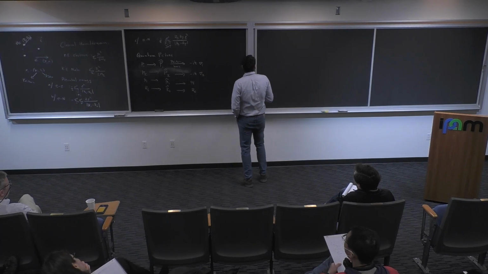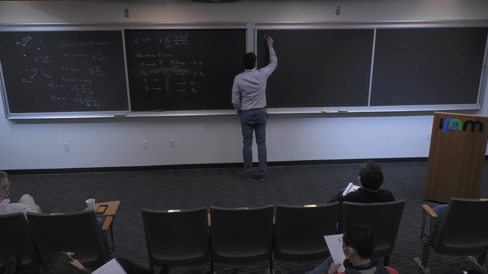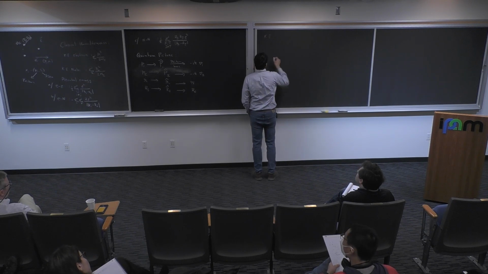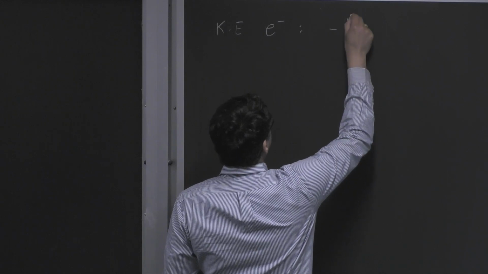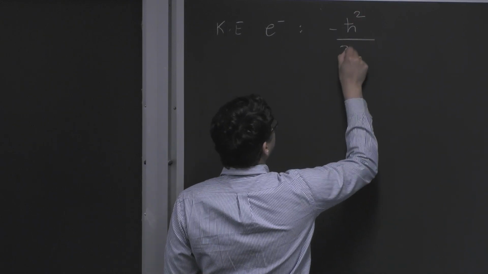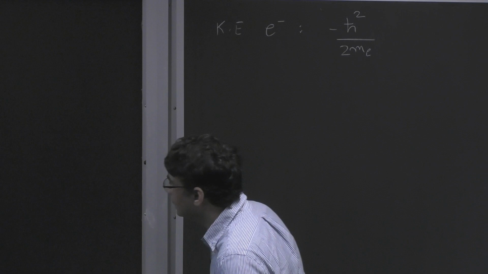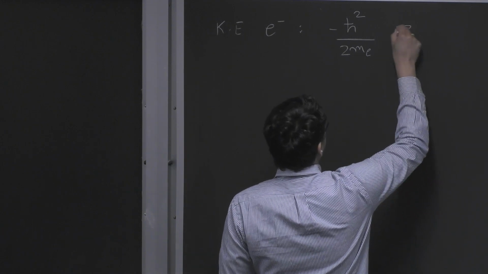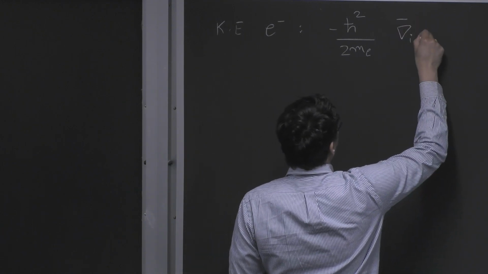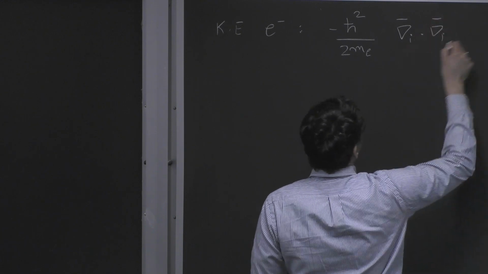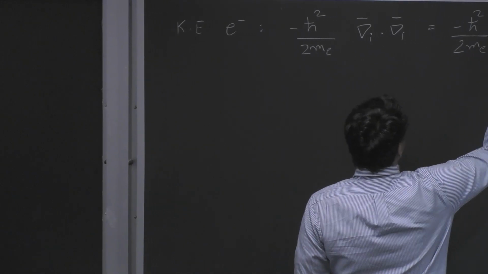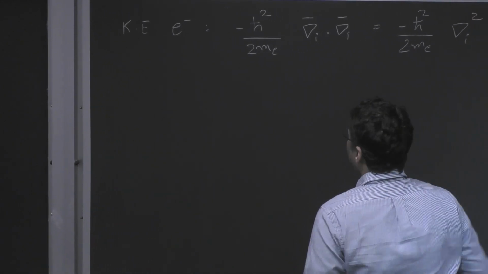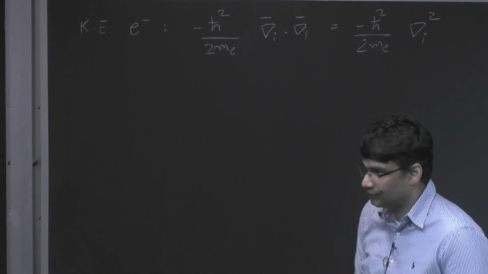If I look at the kinetic energy of electrons in the position basis, that is given by minus h cross squared by 2 m_e of del_i dot del_i, which is minus h cross squared by 2 m_e times the Laplacian corresponding to the ith electron.